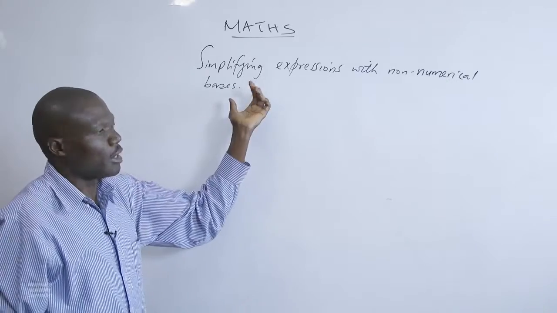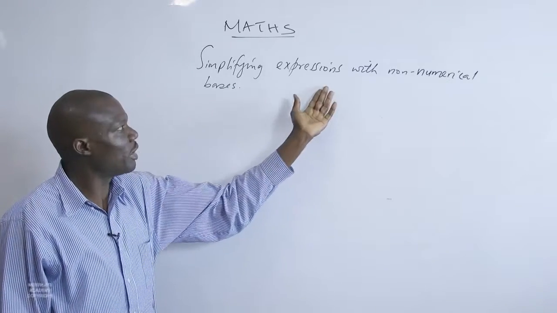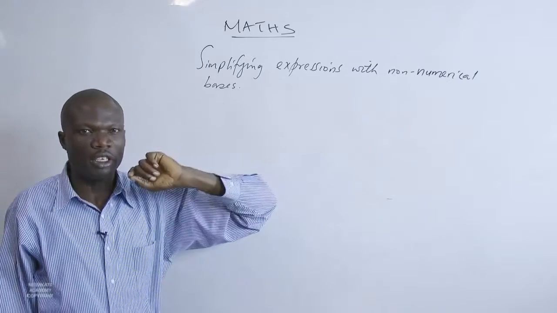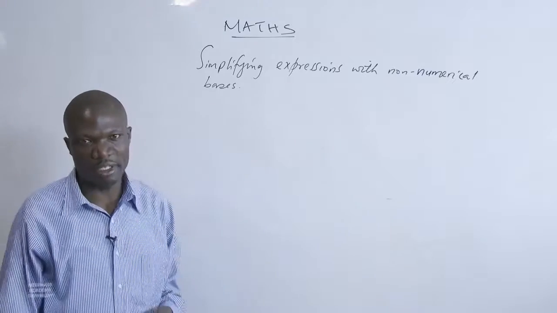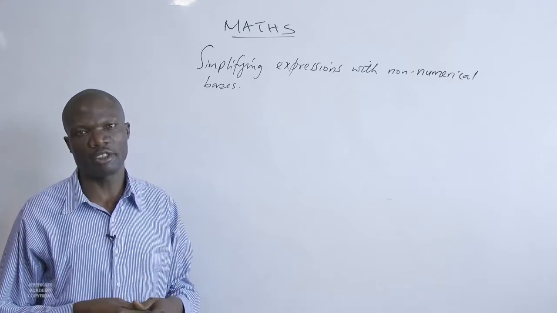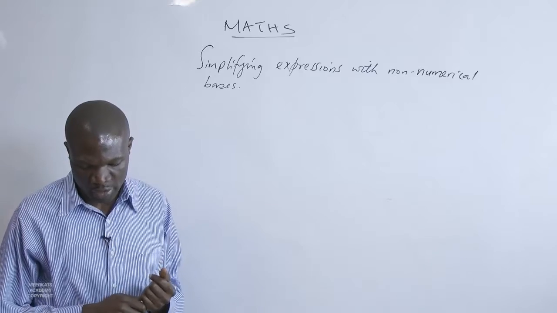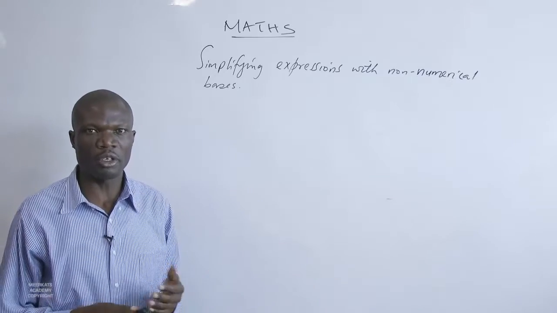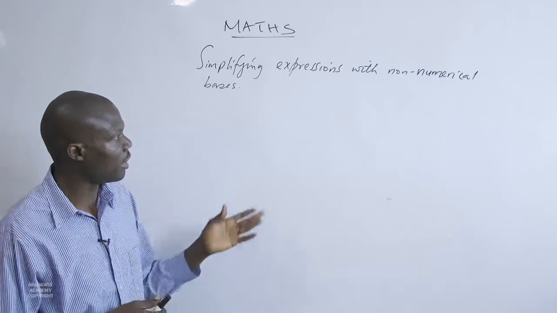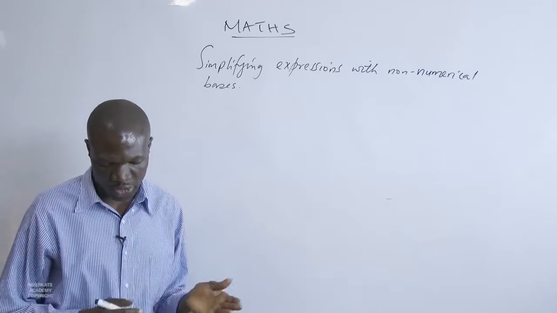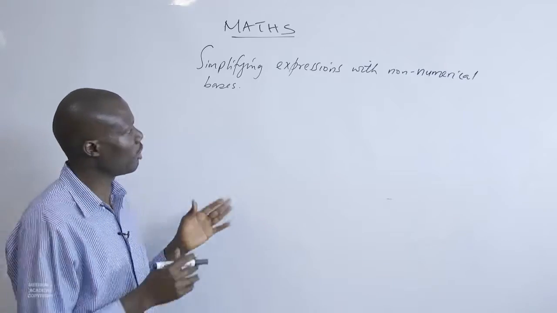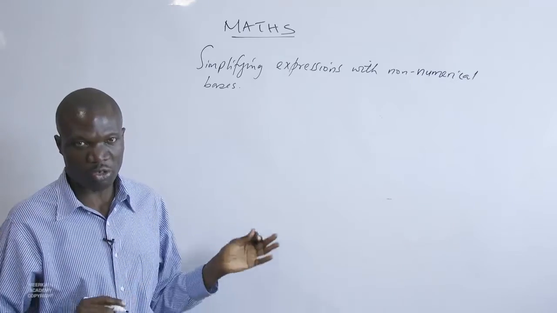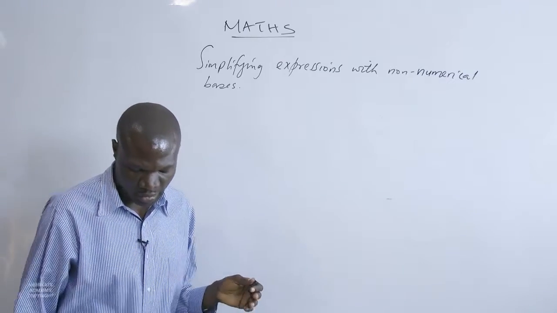Let us see how to simplify expressions with non-numerical bases, where we have either letters or unknowns or pronumerals represented and having powers. So this one is a situation where we have letters and we need to apply the law of index here.